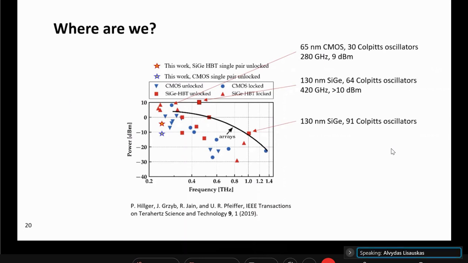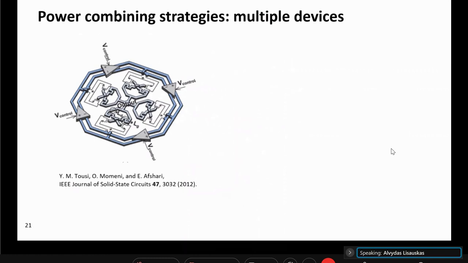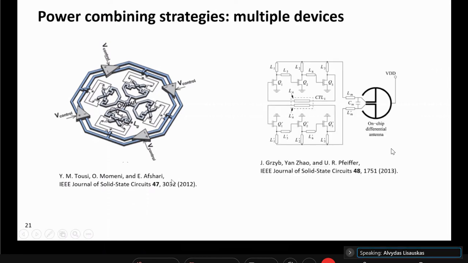Now, about multiple devices and strategies, the idea of combining devices, exploiting the property of silicon that one can create conglomerates of devices, has been there from the very beginning. For example, Afshari, I don't know exactly where he is now, but those US concepts have been pushed since 2012.